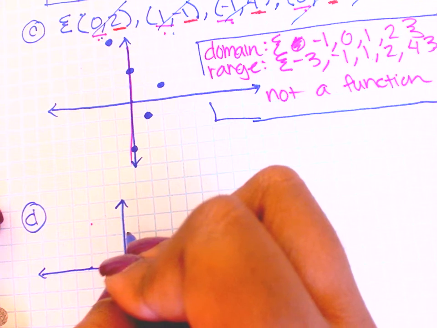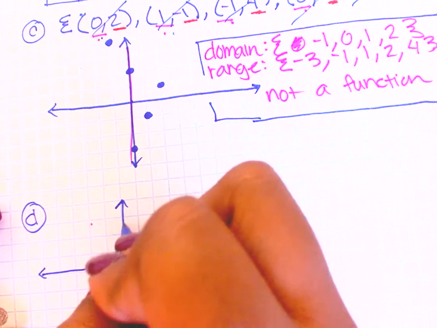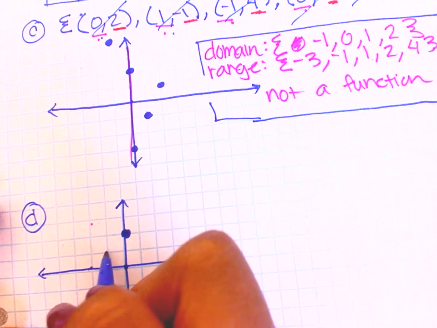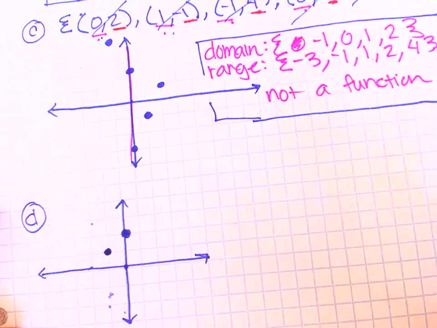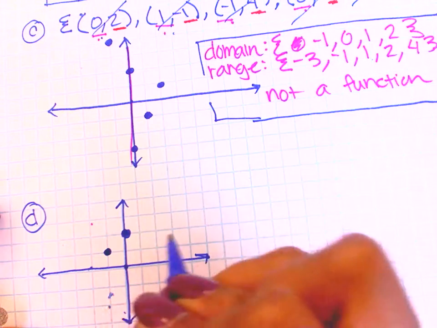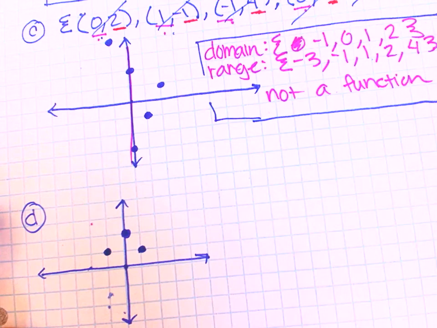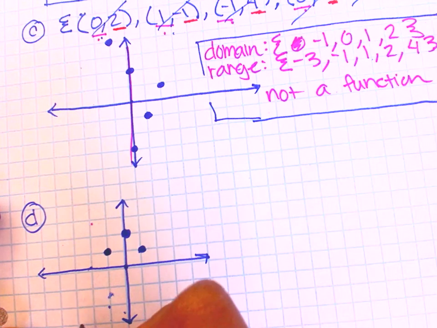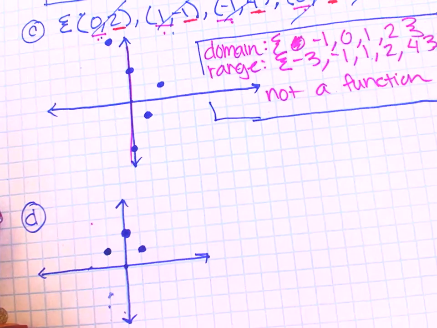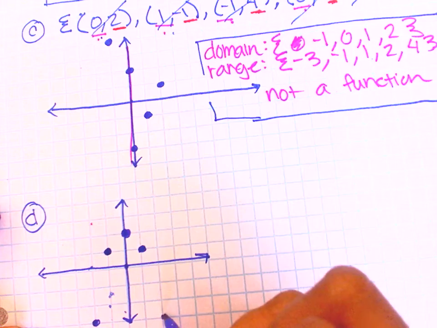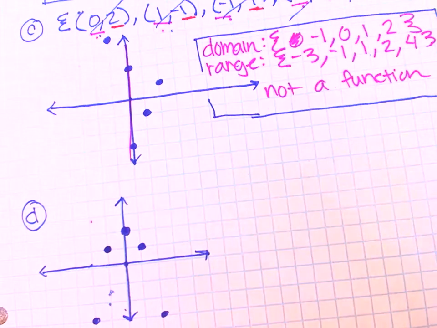They give me a function at 0, 2. They give me at -1, 1, and +1, 1. And they also give them to me down there.